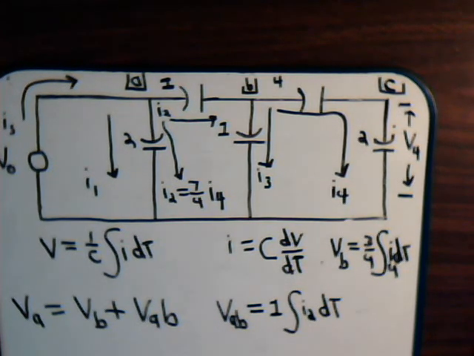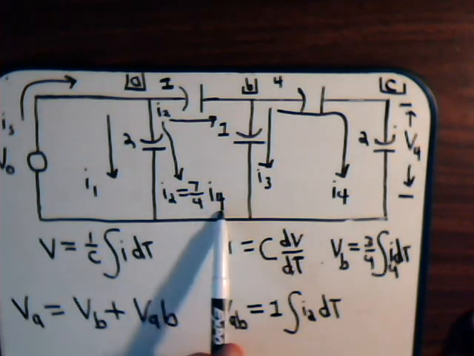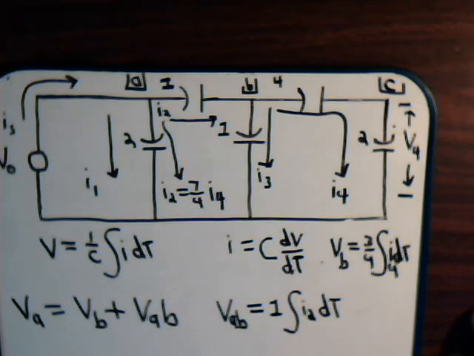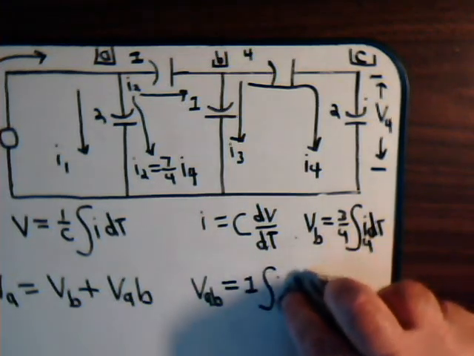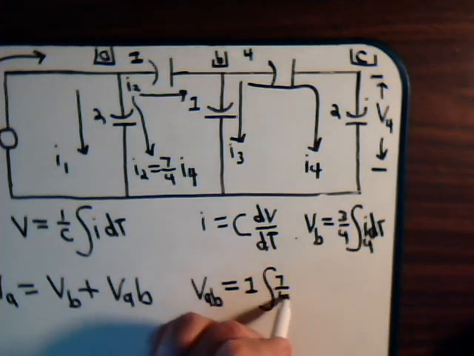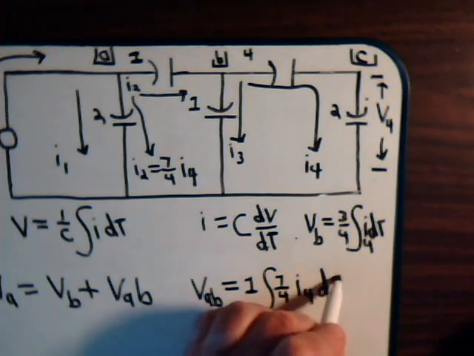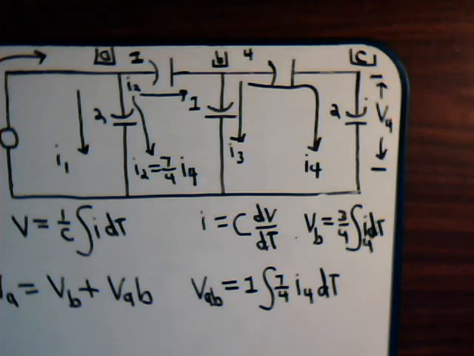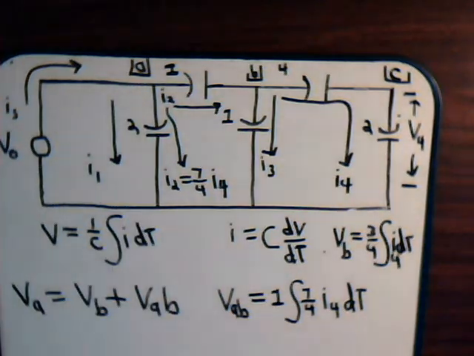But I2, we know what that is. That is 7/4 times I4. So we can substitute that in for I2. So it equals 7/4 times I4 dt. So now we can get a general expression for our voltage here, VA.